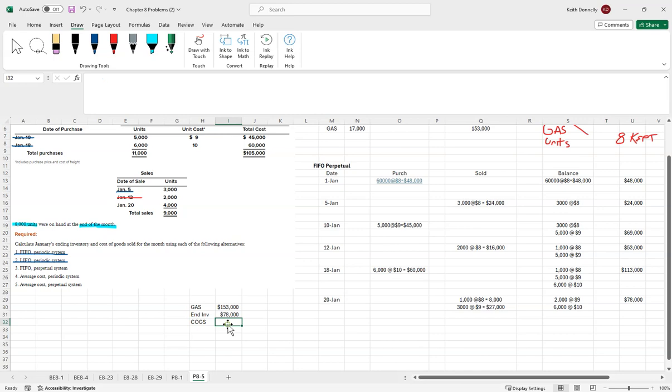The difference must be 75. This is the same as, if you were to rewind the video and look at FIFO periodic, what we did for this guy right here, those are the same numbers. The difference is, when do you take those journal entries for cost of goods sold?